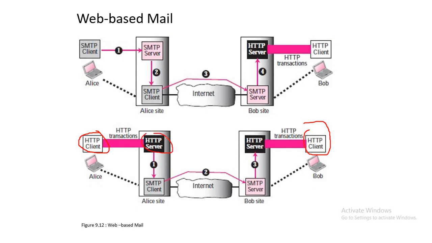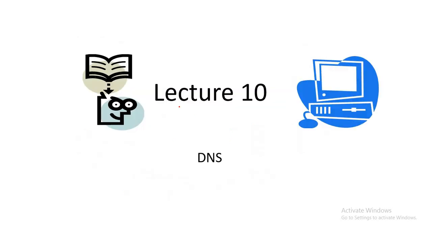So there is an HTTP server at both sides, sending and receiving, and there is an SMTP client, Simple Mail Transfer Protocol, and here there is an SMTP server. That is the scenario you are using today, how you currently communicate with email. No need to explain more, because that scenario is currently used in the market.